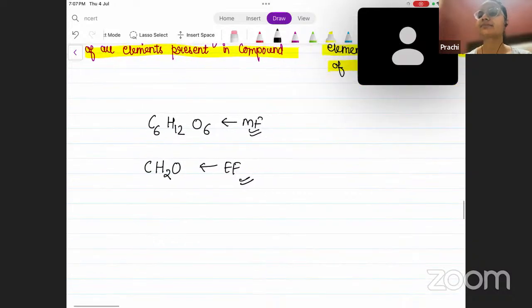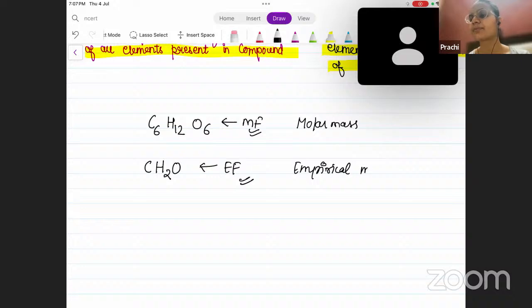Then from here, we have to find out the molar mass, which is 180 gram per mole. Similarly, we have to find out the empirical mass.